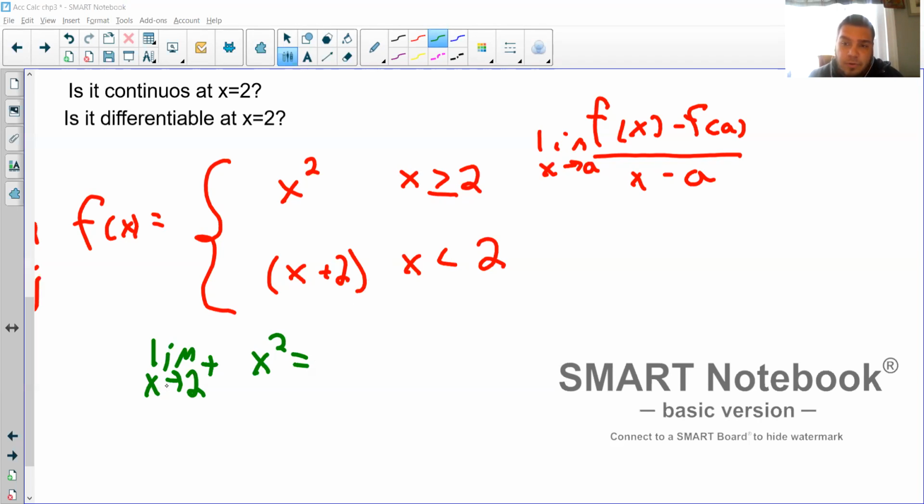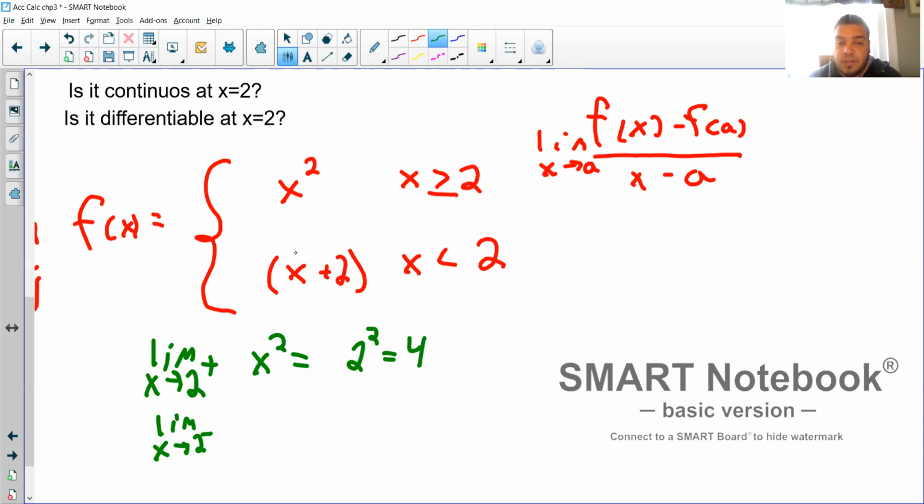So the limit as x approaches 2 from the positive side, x squared, x is greater than 2, so we're going to use that equation. Since there's no problem plugging in 2, we could just substitute 2. 2 squared, the limit is 4 at that point. We also have to check the limit on the negative side. So the limit as x approaches 2 from the negative side, so that's less than 2.